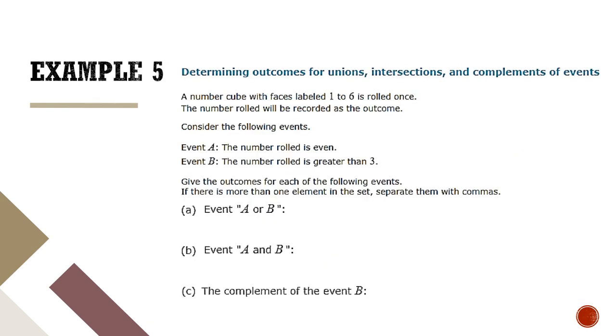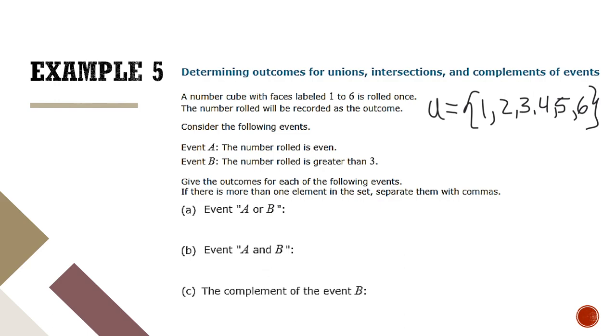So our last example is doing some physical examples with numbers. A number cube with faces labeled 1 through 6 is rolled. So U, our universal set, we're going to write down as 1, 2, 3, 4, 5, and 6. There are 6 faces. That is my entire set of numbers.